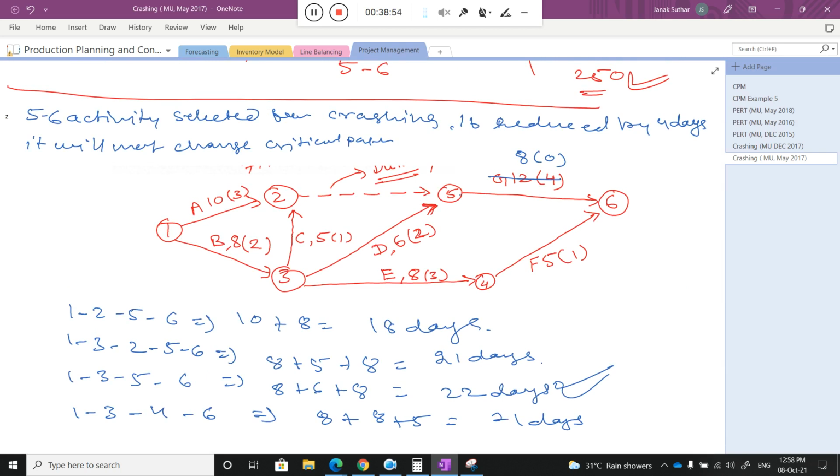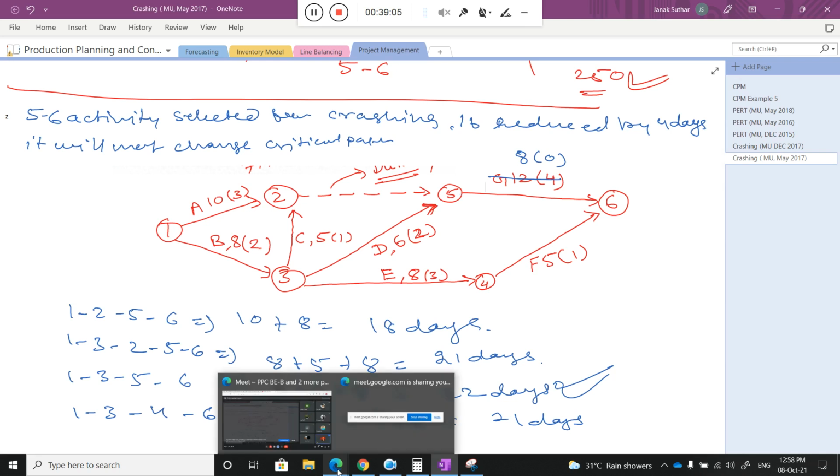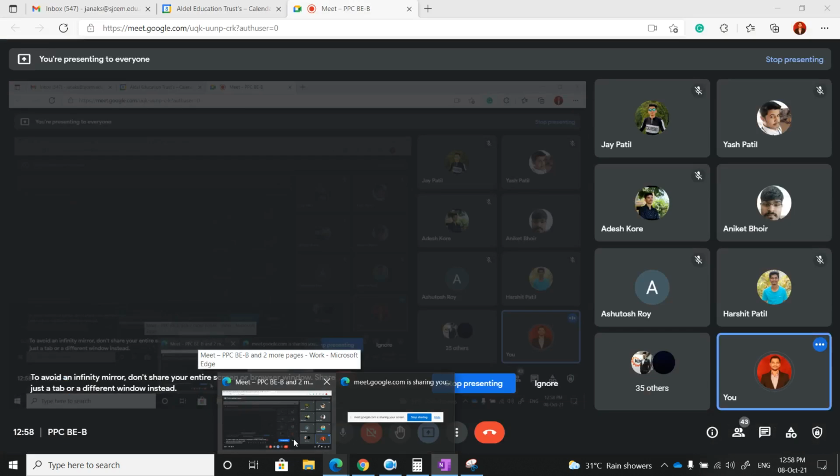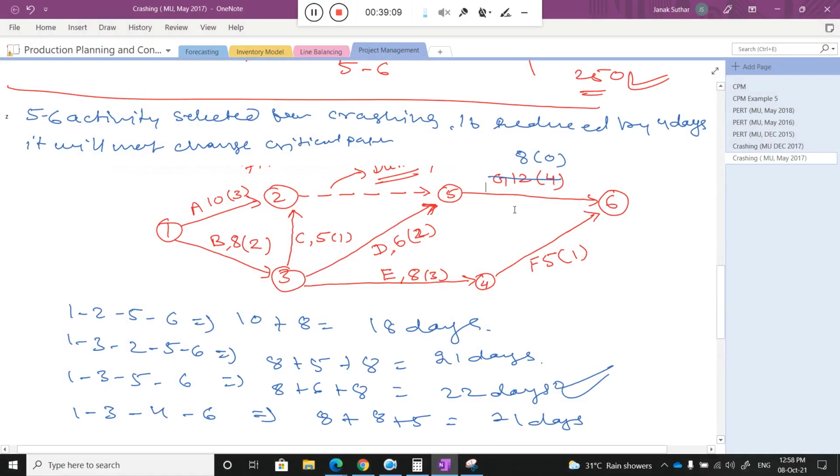A 0 is written there, right? Means what is the possibility of reduction? There is not a single possibility of reduction for activity 5 to 6, because already we reduced.